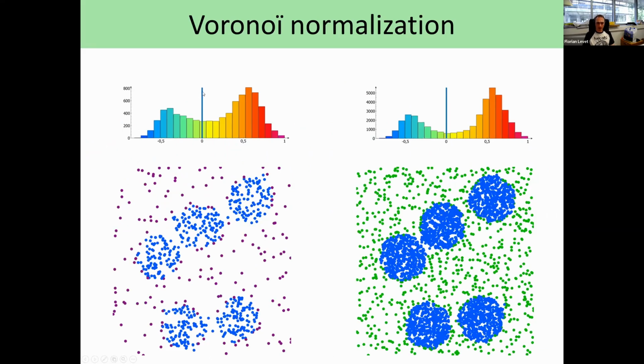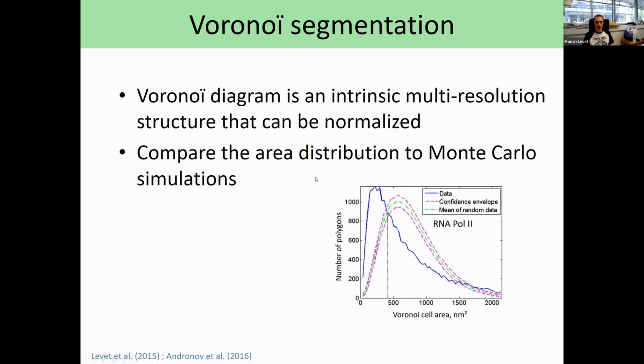And if you apply the threshold here, which is 0, meaning 1 times the average density, you end up with this segmentation. And if you apply the same in the denser data, you end up with this segmentation. So you basically are able to apply the same threshold in the 2 data, which have a different localization density. So that's a way to use normalization.